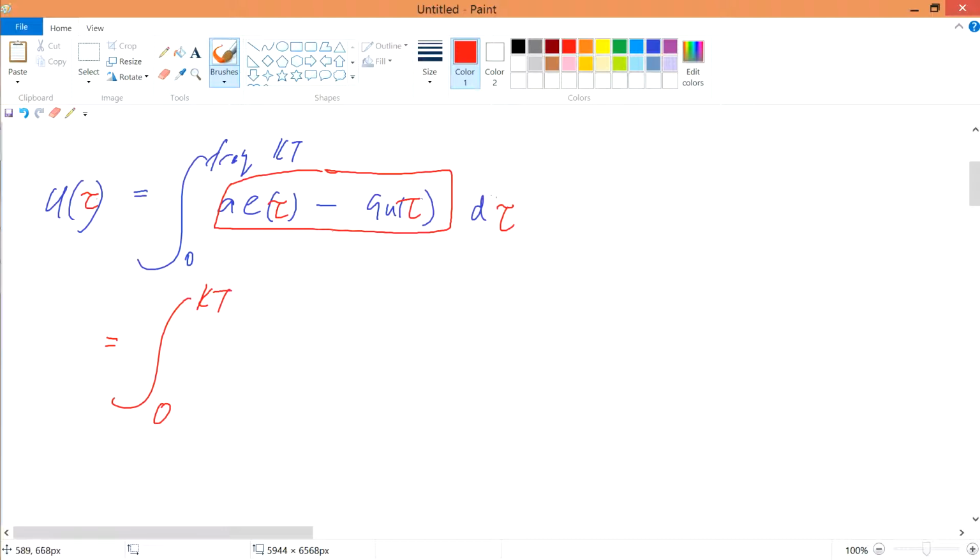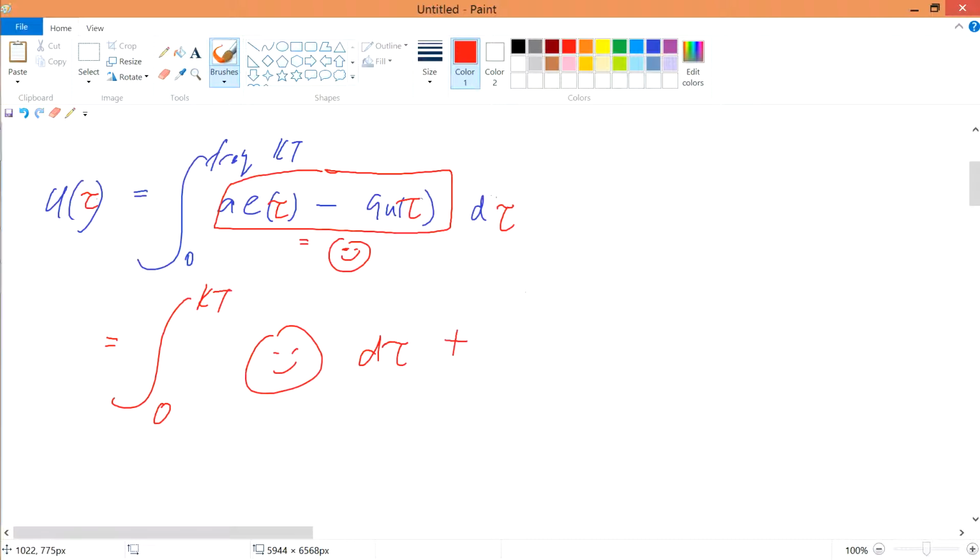I set it equal to a smiley face, like this. This is the first integration, d tau, from 0 to kt first.